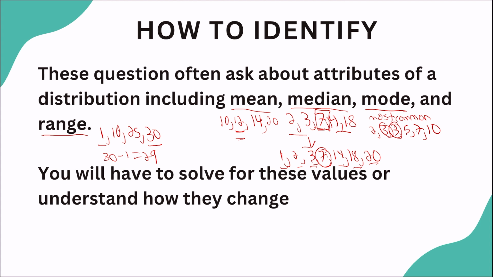Mode is going to be the same here. I could add 25 and 80, and the mode is still 3 because it's the most common, so additions won't affect mode unless it makes a different number the most common one. And then range is definitely going to change with additions if they're the highest or lowest number. So if I added 80 here, my range is going to go to 79 because we have a new highest number.